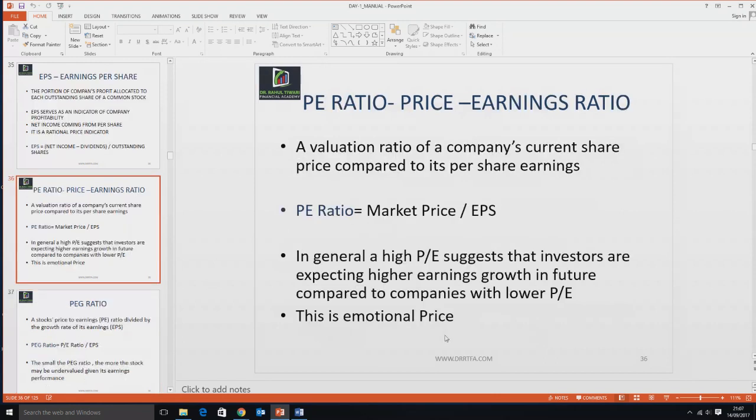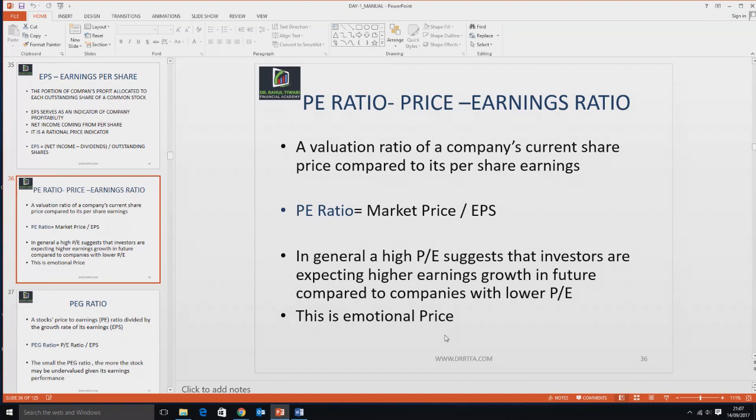What is the PE ratio? The price to earnings ratio. It is the ratio of the company's current market price, or the current share price, divided by its EPS, meaning its per share earnings. So the PE ratio is equal to the market price divided by the earnings per share.